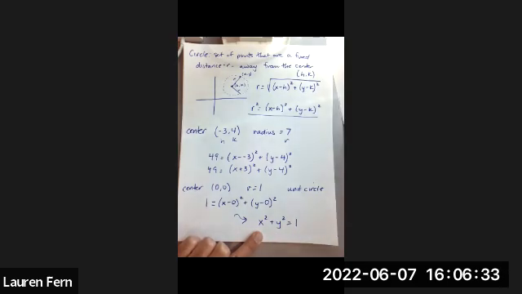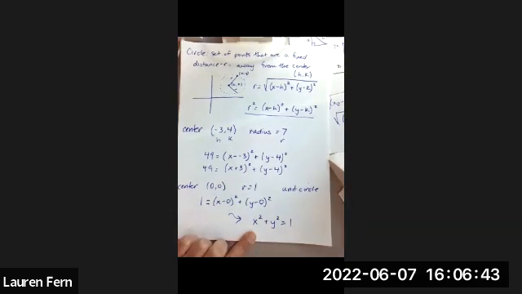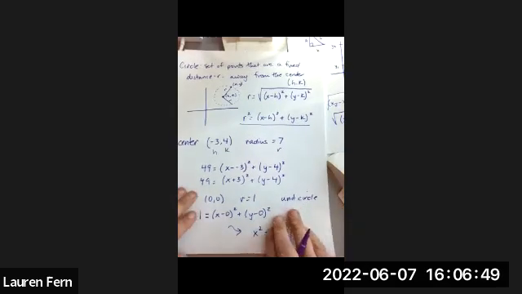All right, so now that we've taken our center and our radius and written an equation of a circle, I want us to make sure that we can go the opposite way. So let us take this example here.